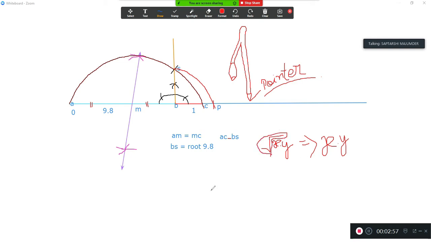That means if root of 5.2 has been asked to represent on the number line, then we first make a line from 0 to the last point, 5.2. The initial process is this.